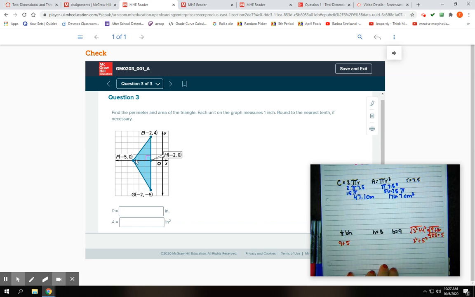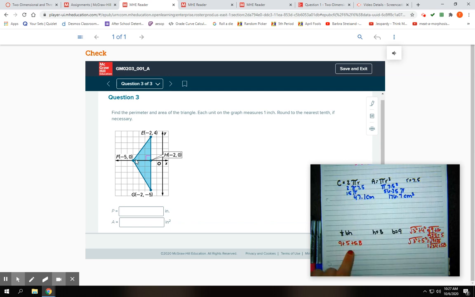This one's 5. Then here we've got 9 plus 25, right? Because 3 squared is 9, 5 squared is 25. So that gives us the square root of 34, which is 5.83. So I'm going to say 5.8.